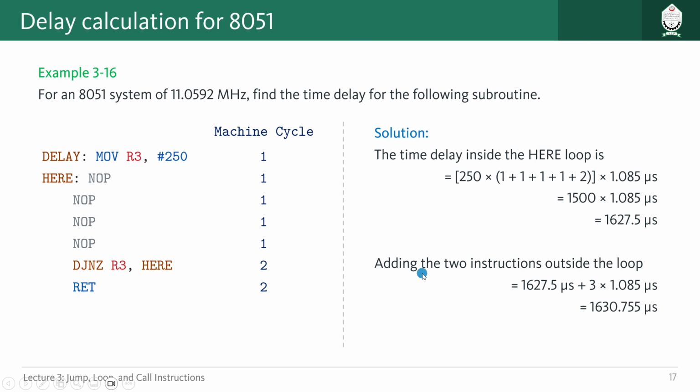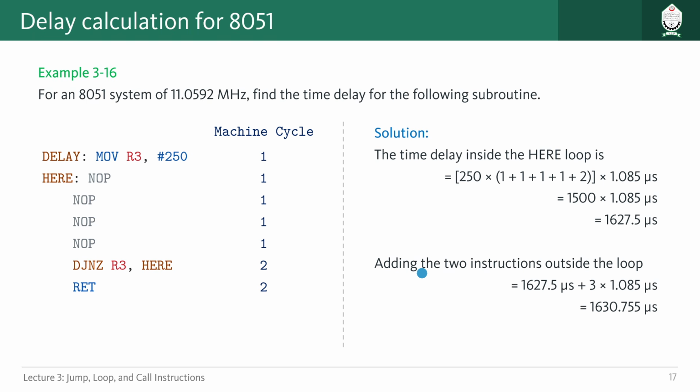Before we move on to the next problem, we should discuss one thing. In your book on page 84, they talk about different versions of 8051 microcontrollers where the number of clock pulses per machine cycle is different. If we talk about the TS5000 microcontroller, the number of clocks per machine cycle is 4.